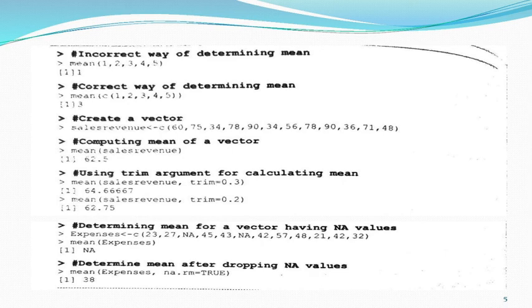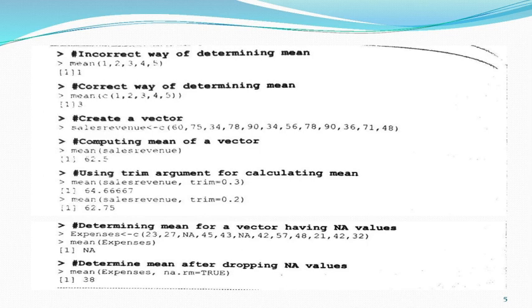When the trim argument is provided a value, the values in the original vector get sorted and the number of observations are dropped accordingly for calculating the mean. When trim equal to 0.3, 3 values from each end are dropped from the observations to find mean.